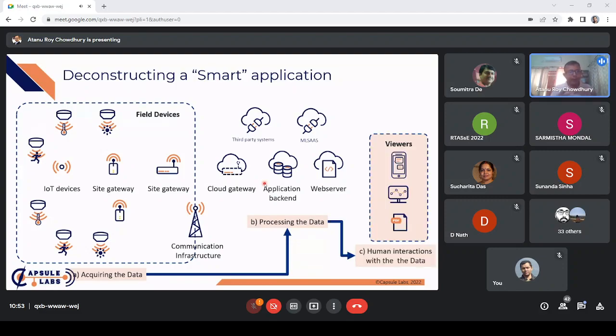So you prepare the data for human interactions, whether it is in the form of actionable items or notifications that you send out on a mobile app, a chart or a graph or a dashboard that you build as a web app, or a report, a PDF that is created and sent out for posterity or printed out for posterity. All of these are essentially forms of the data that you create to bring in a human in the loop, which may or may not be required.